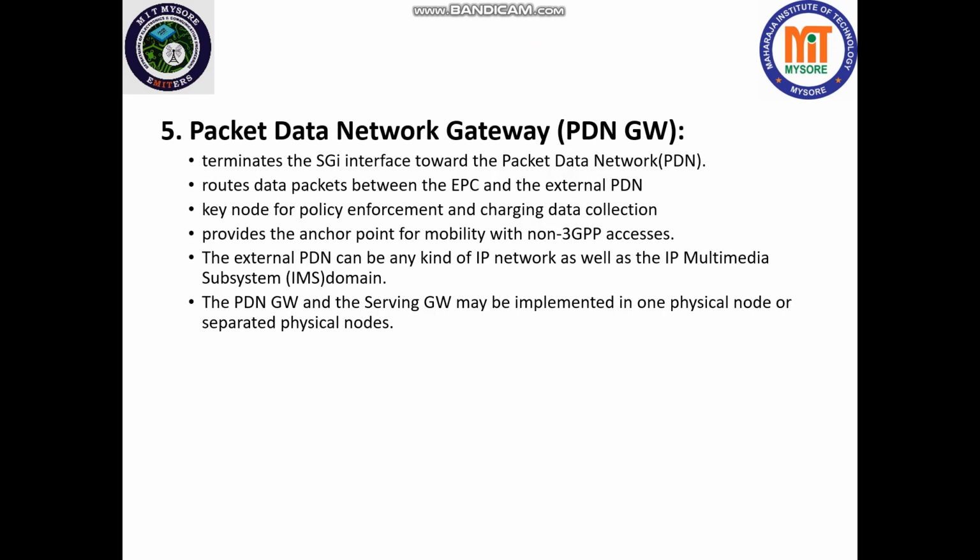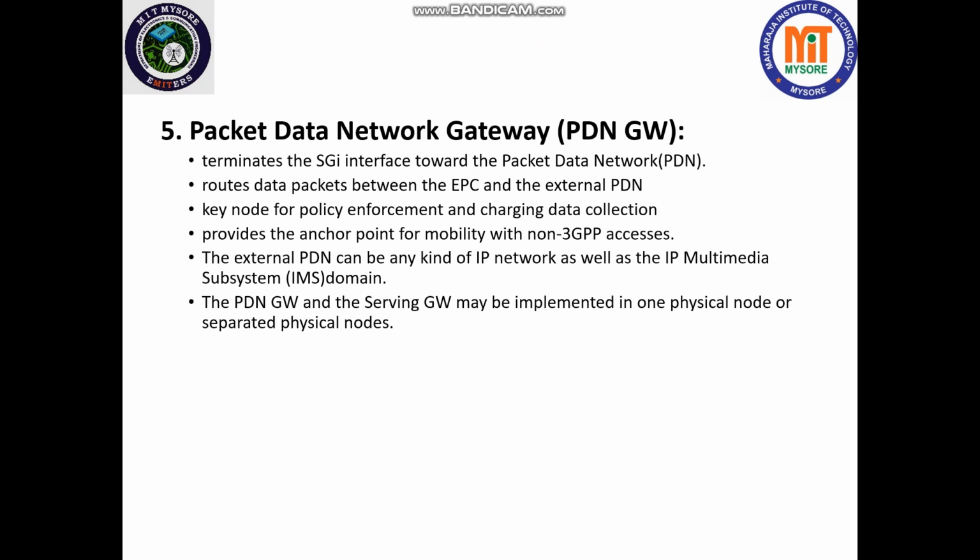Next one is packet data network gateway or PDN gateway. It terminates the SGI interface towards the packet data network and it routes the data packets between the EPC and the external PDN. Key node for policy enforcement, charging data collection, provides the anchor point for mobility with non-3GPP accesses.